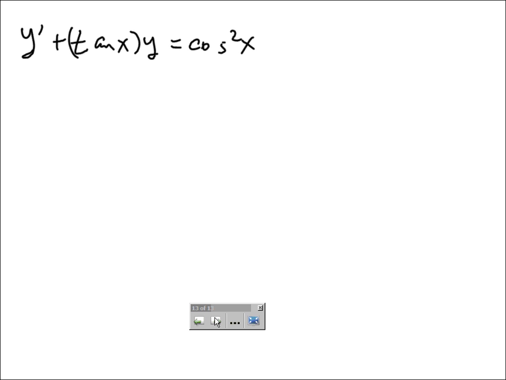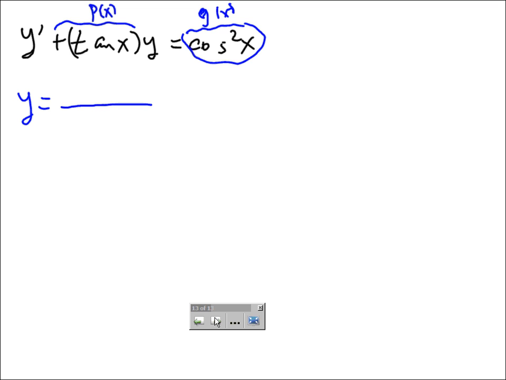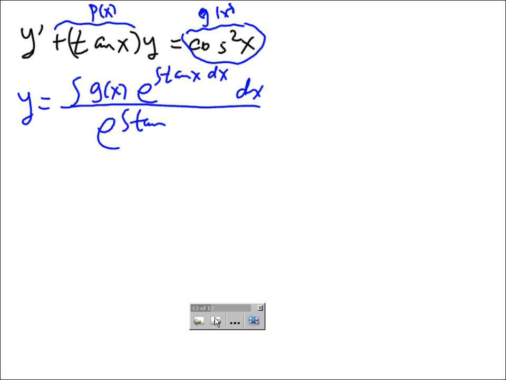So what we now know is that positive tan x is our p of x, and that there is our function of x, our g of x. So y is equal to a fraction: the integral of g of x times e to the integral of tan x dx, over e to the integral of tan x dx.